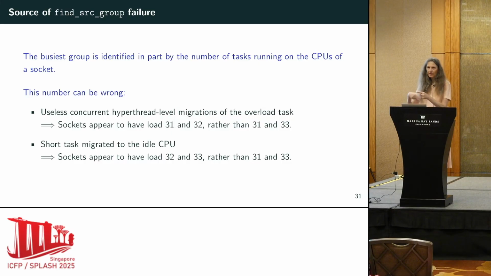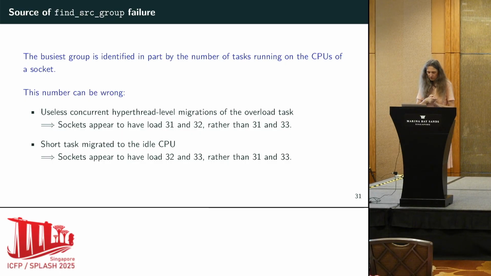For one thing, there can be other migrations happening at the same time, actually totally useless ones, where that extra thread is just bouncing back and forth between 2 CPUs on the machine. If the CPU that is trying to steal it onto the other socket is counting the number of threads available at the same time that the thread is bouncing back and forth, one of them will be missing, and it will look like the overload is not high enough.